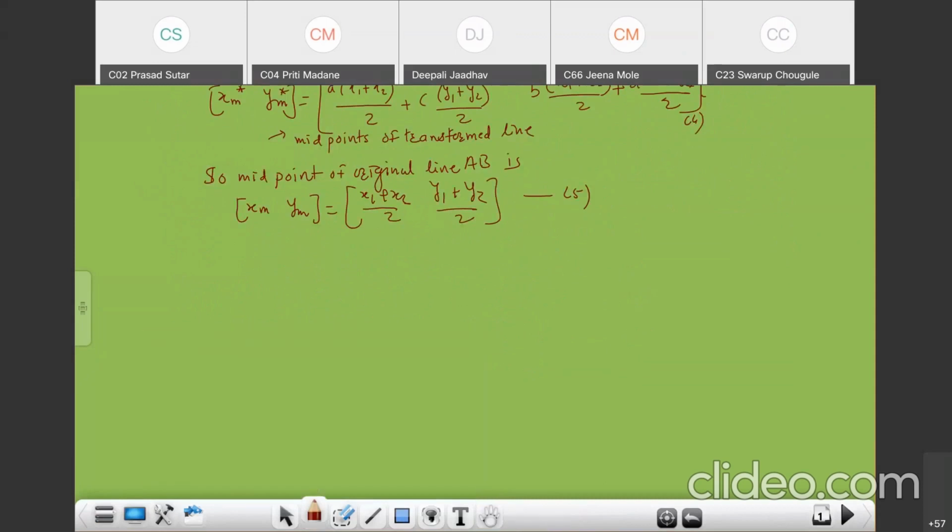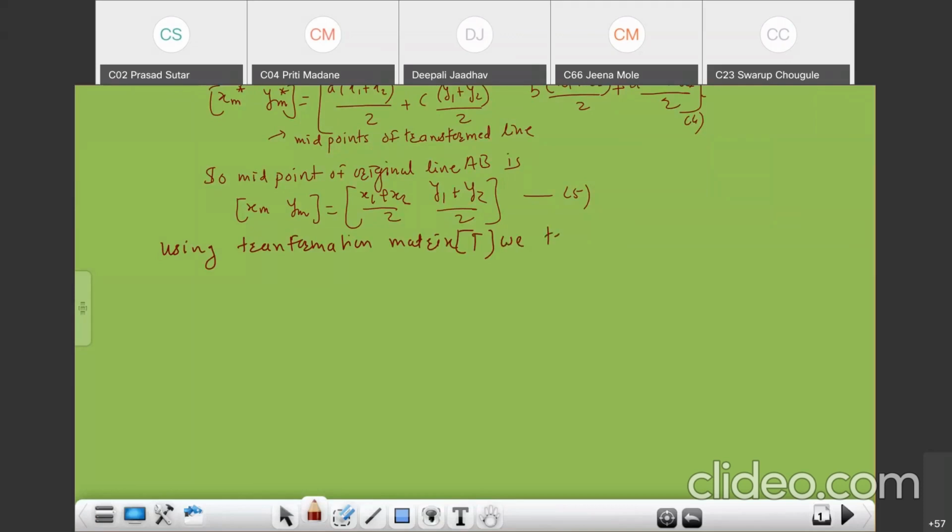Midpoints of the original line are xm, ym is equal to x1 plus x2 divided by 2 and y1 plus y2 divided by 2. Using the transformation matrix T, we transform this midpoint.